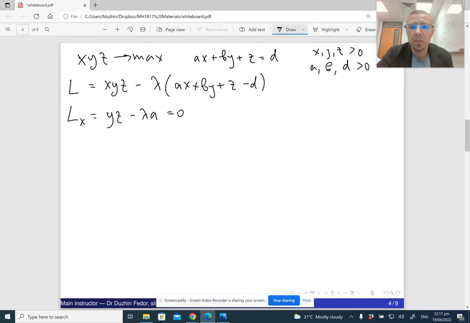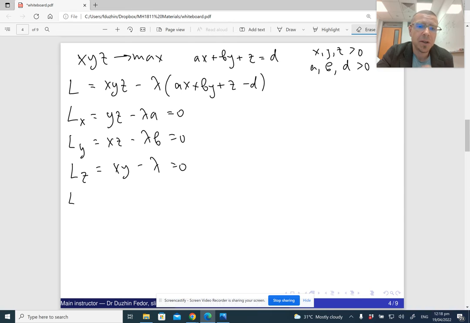L_y is xz minus lambda b. With respect to z it is xy minus lambda, and the partial derivative with respect to lambda is essentially the constraint, ax plus by plus z minus d, which should be 0.